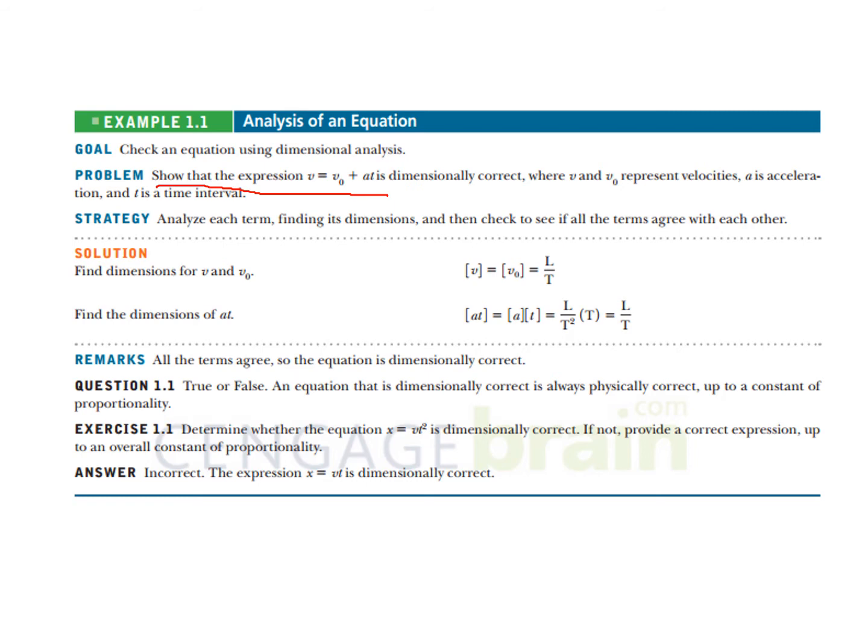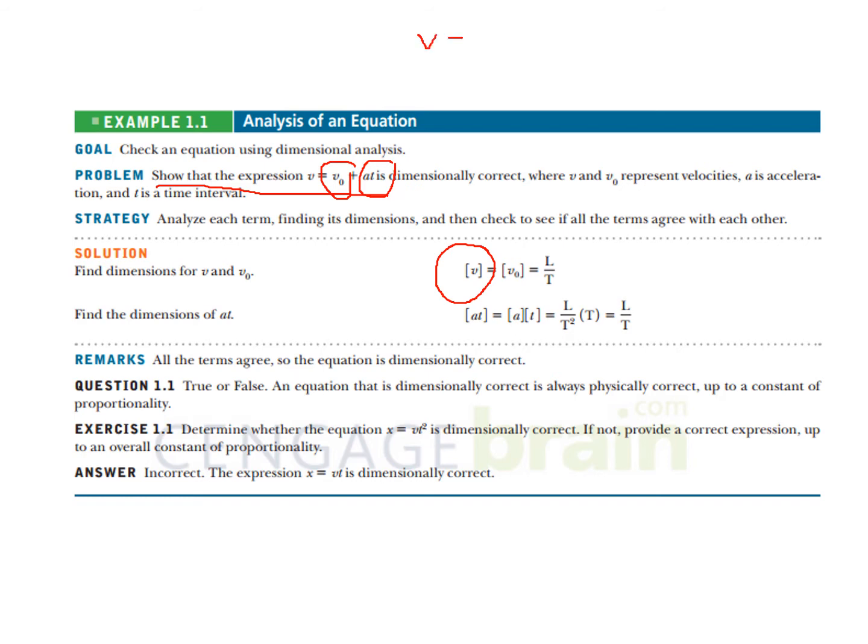On the left side we have v, and on the right side we have v naught and also at, where v naught is a velocity, a is acceleration, while t is time.